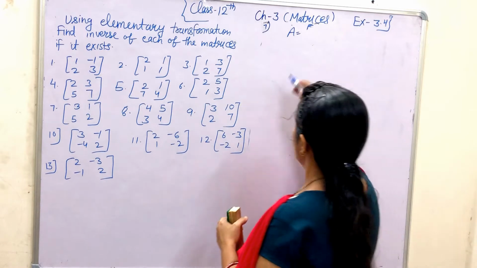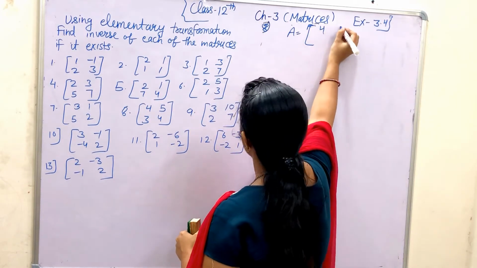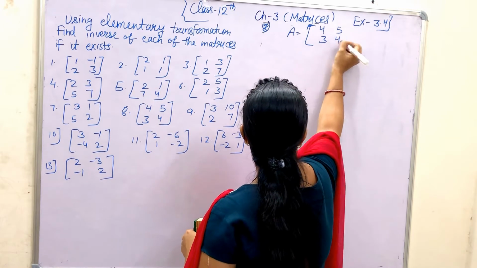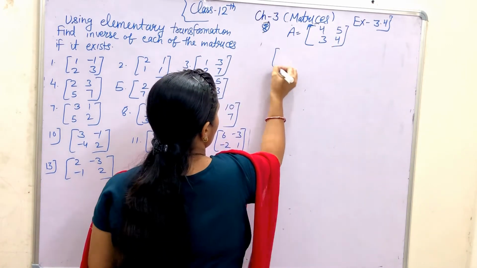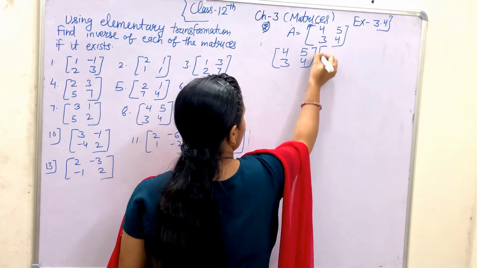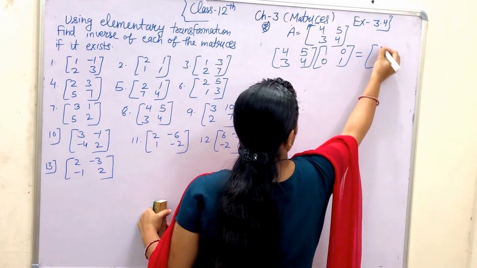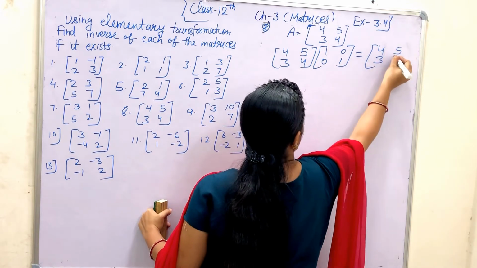In question number 8, we have the given matrix 4, 5, 3, 4. 4, 5, 3, 4, identity 1, 0, 0, 1, equal to 4, 5, 3, 4.